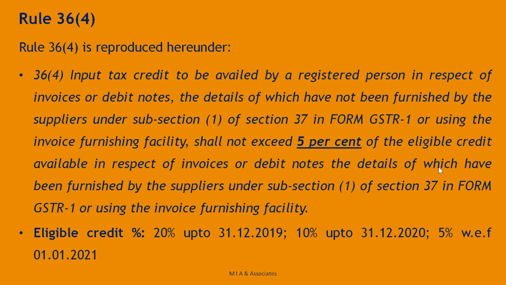The important elements of Rule 36(4) are: it lays down the criteria for calculating the eligible ITC one can avail during the relevant period. In doing so, one has to gather details of invoices that have not been reported by the suppliers in a given period. These details can be obtained by performing certain reconciliations, by extracting data both from the accounting system and from the GST common portal.